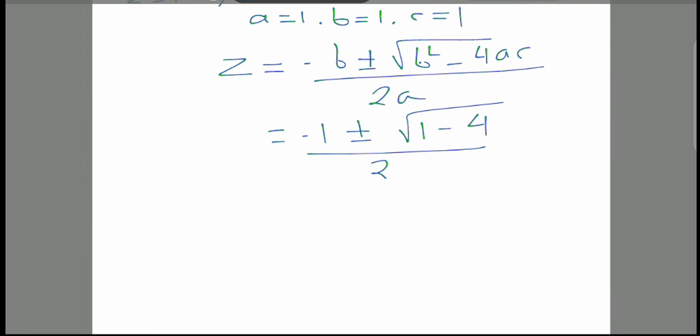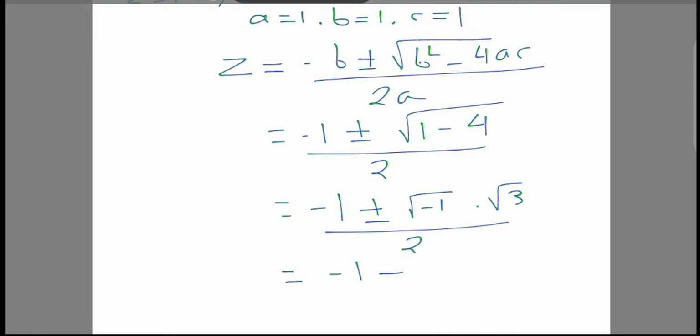And that is equal to minus 1 plus or minus, 1 minus 4 is minus 3, so root of minus 1 times root 3, divided by 2. That is equal to minus 1 plus root 3 i by 2, comma, minus 1 minus root 3 i by 2.